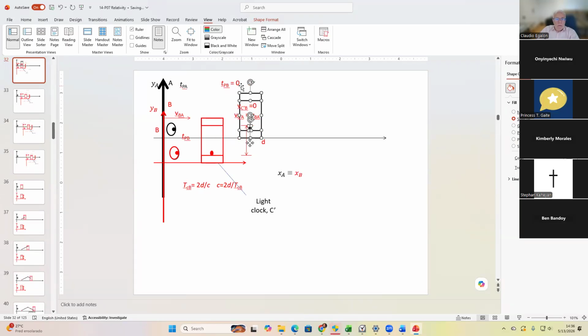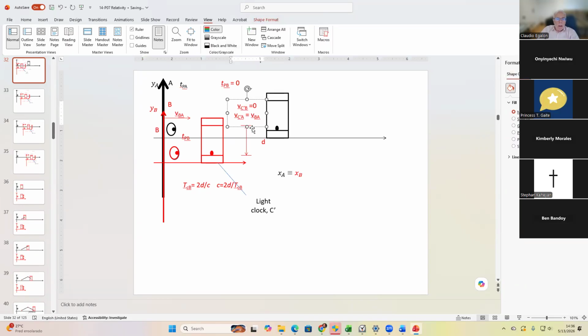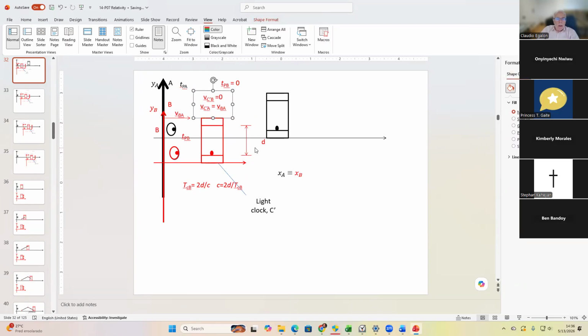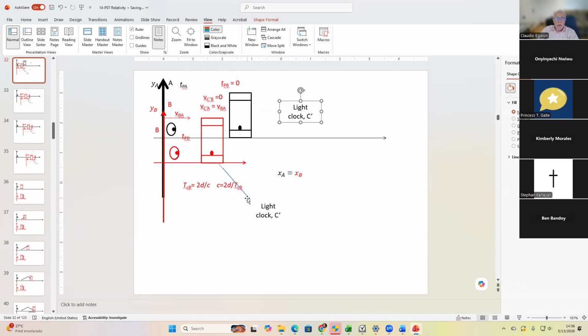I'm going to move it here. I'm going to take out this measurement here. Here is the light clock C prime and light clock C. Those are two different clocks.